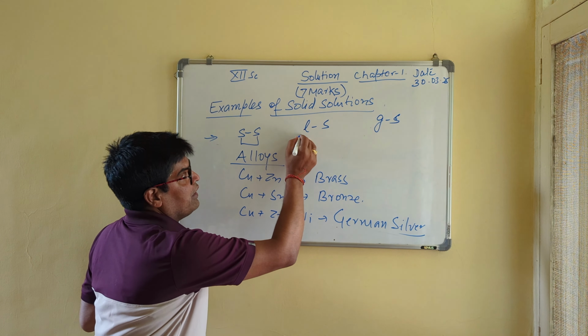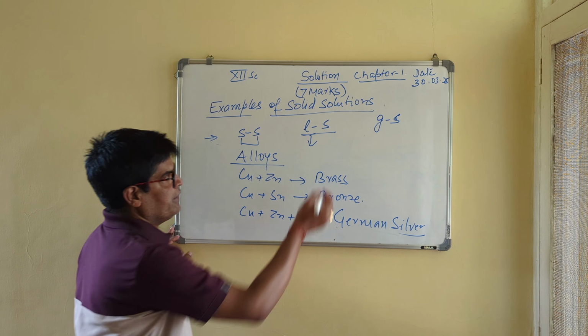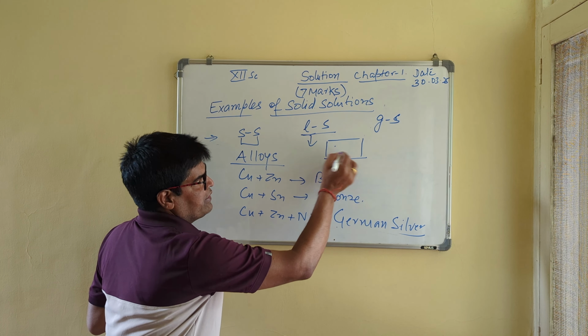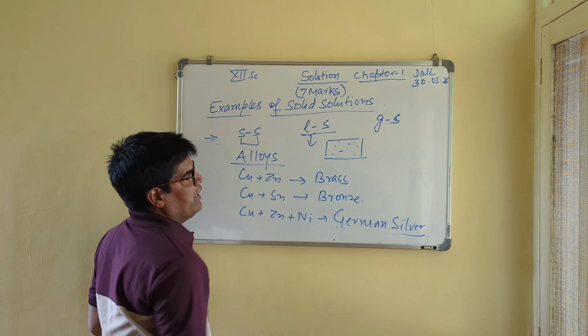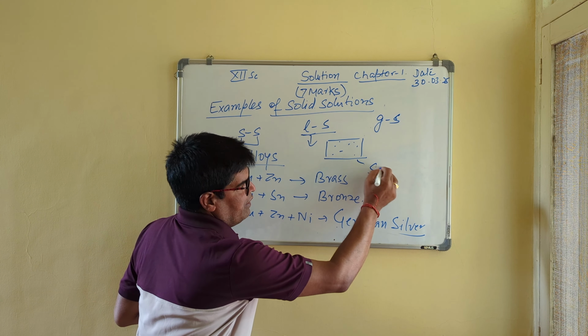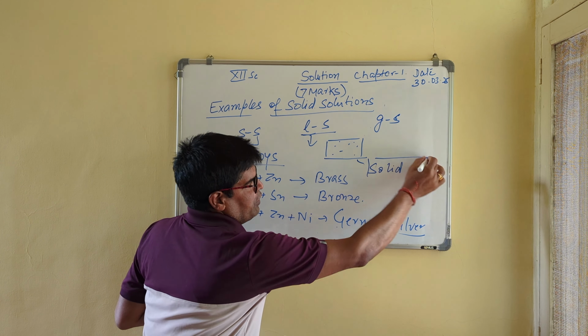Now comes liquid in solid solutions. For any solid, if liquid droplets are present in it, it is called a liquid in solid solution. The physical state will be solid, and inside the solid there will be liquid particles.